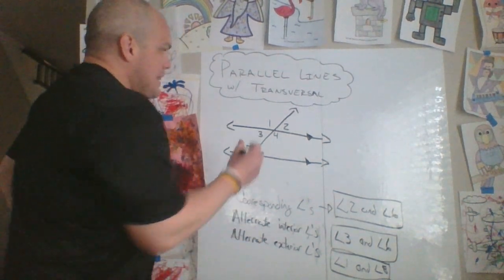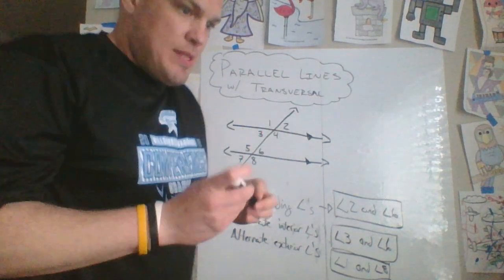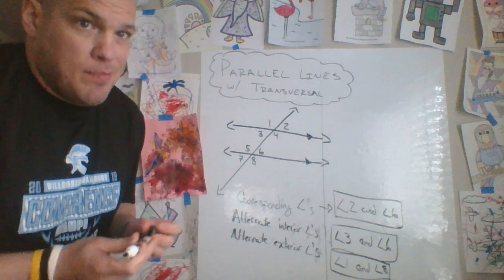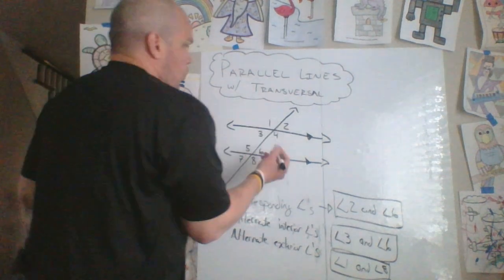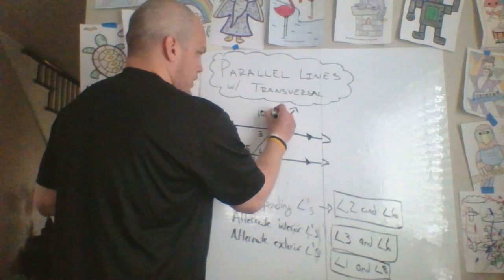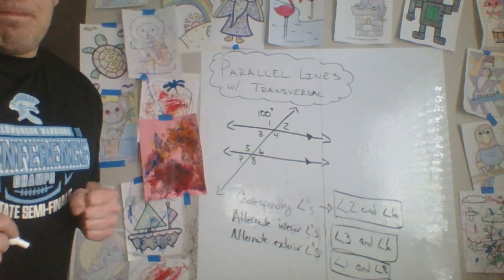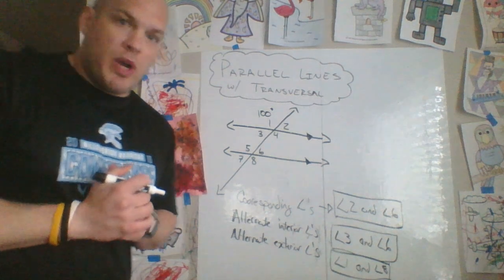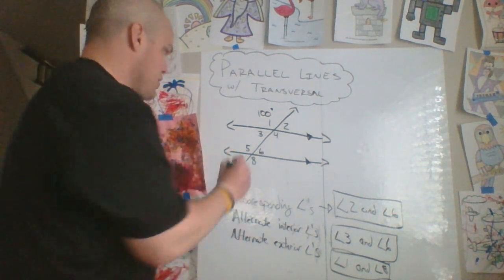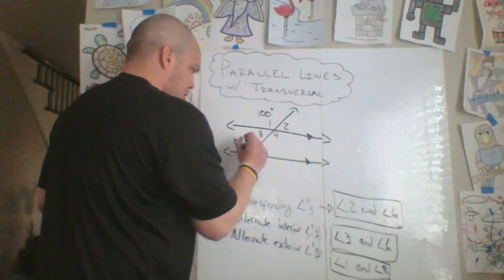So let's say that angle 1, I'll try to do this in a different color. Ooh, I do not have one because Franklin didn't put any of the caps on. So let's say angle 1 is 100 degrees. If angle 1 is 100 degrees, we know that angle 5 is also 100 degrees.